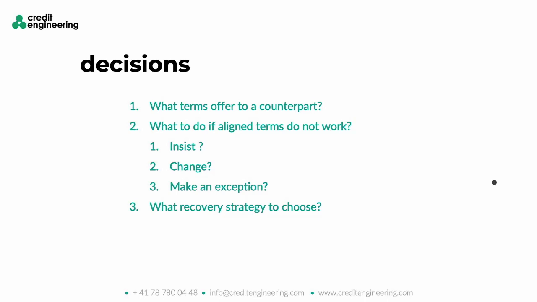And the third possibility, the third option, is to make an exception. However, with exceptions you need to be careful, because the biggest problem with exceptions is that they have a tendency to become rules without your awareness. You do one exception, then after two weeks the customer comes for another exception, and then another, and then this becomes a rule.